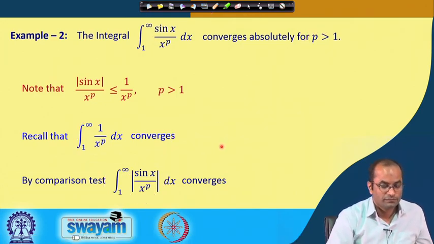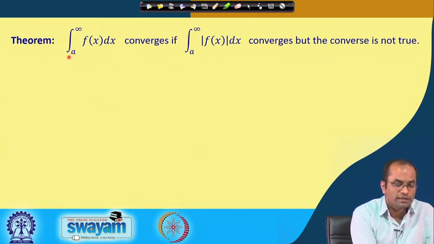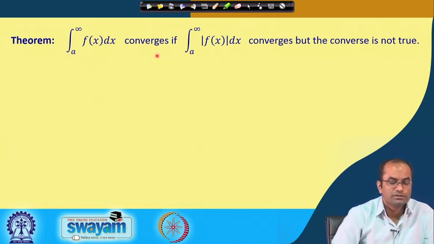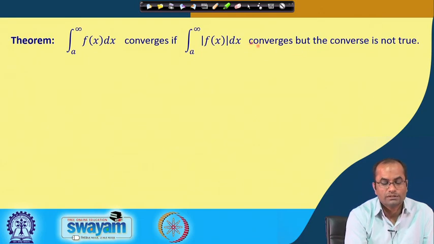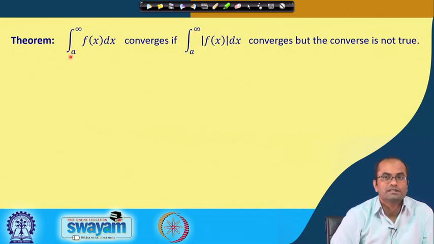So, going to the next problem. There is also a result that such an integral converges if the integral with the absolute value converges, because the absolute value integral is going to be a larger value than this one.